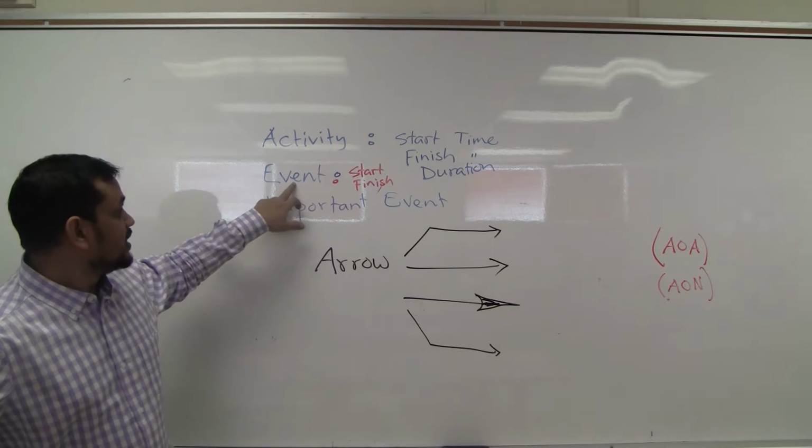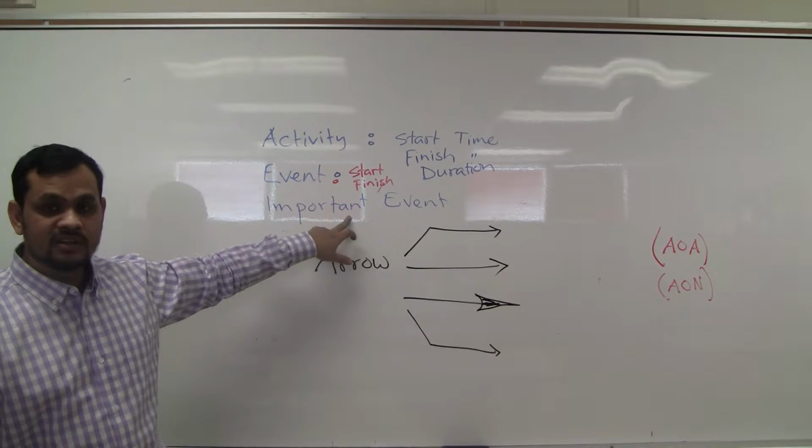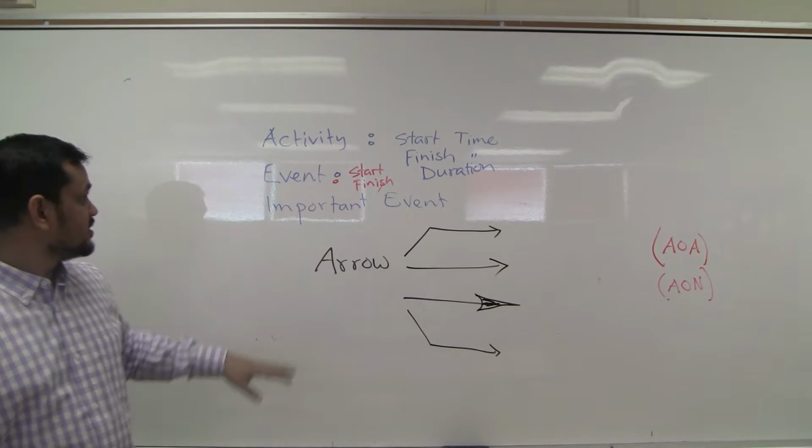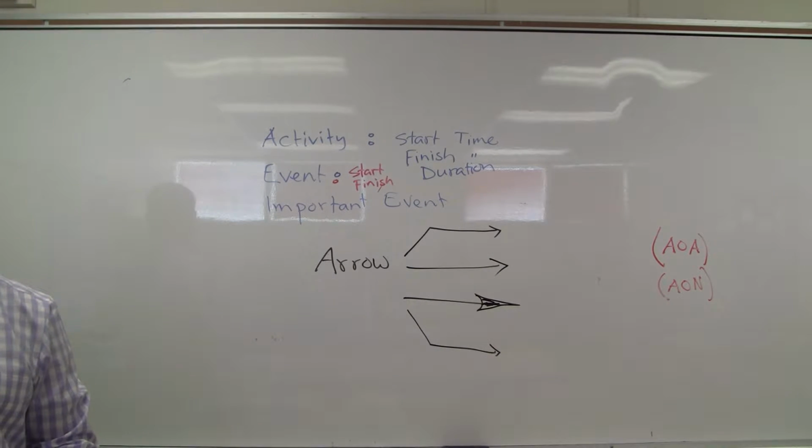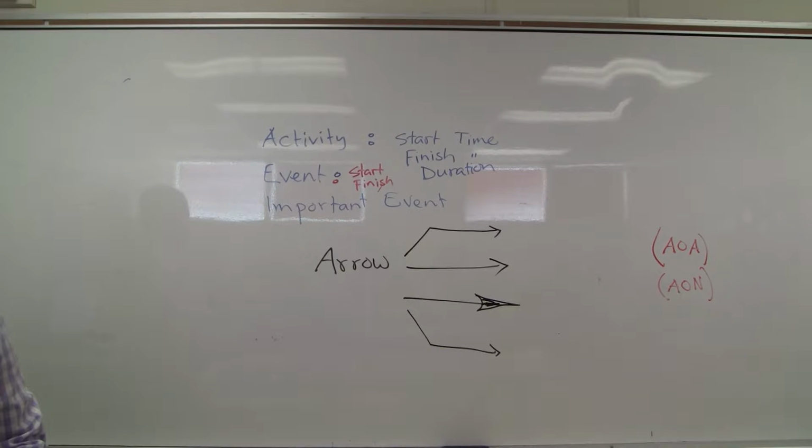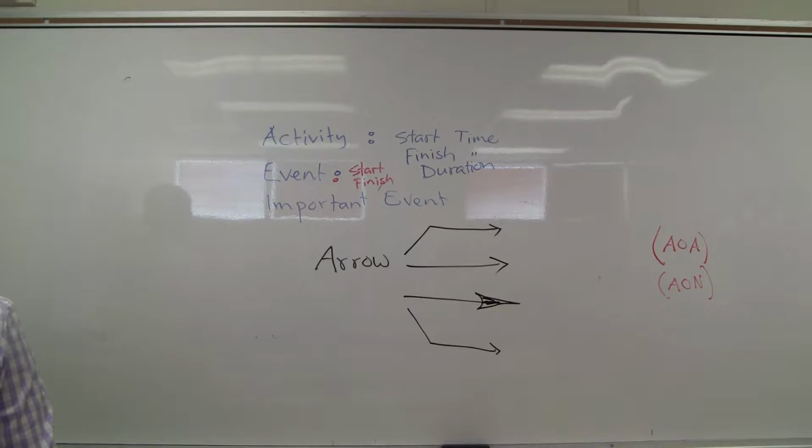So that's called an event. What is an important event? An important event means very important. Starting of the whole project, finishing of the whole project, it is very important. Or finishing a very important part of a project. For example, we will build, say, a 20-story building.